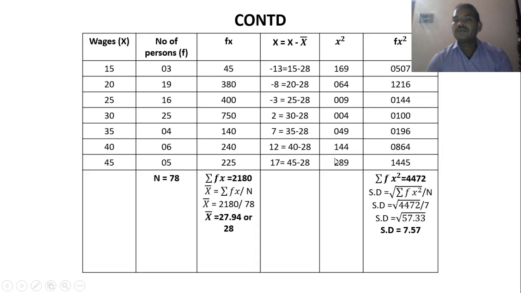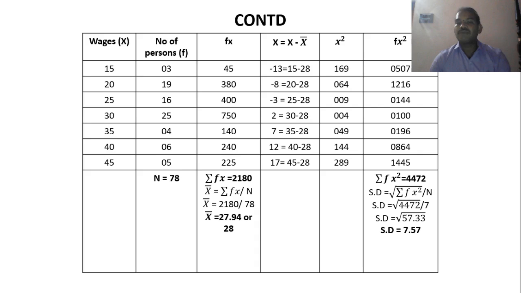F into x square: 3 into 169 is 507, 19 into 64 is 1216, 16 into 9 is 144, 25 into 4 is 100, 4 into 49 is 196, 6 into 144 is 864, 5 into 289 is 1445. Therefore sigma fx square is equal to 4472.